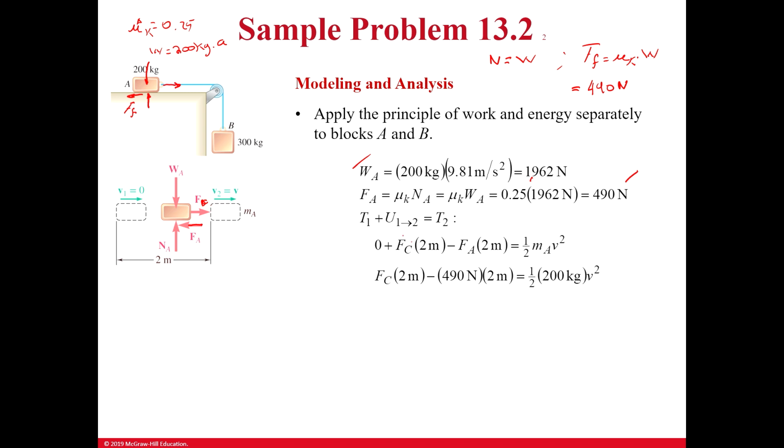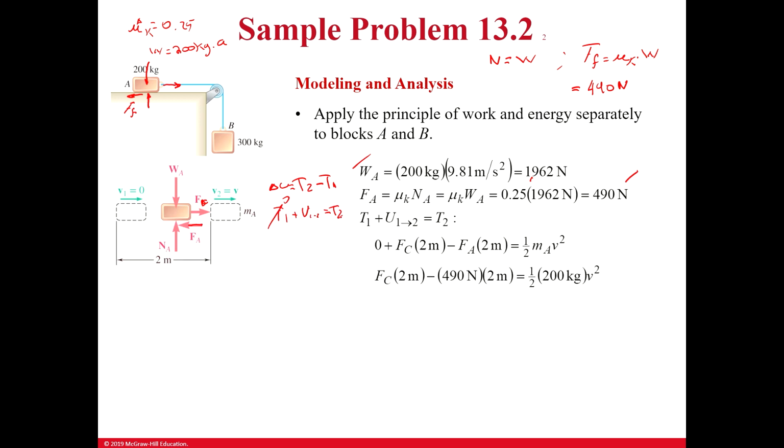So if we set the equations, we know that delta U is equal to the energy at 2 minus the energy at 1. They like to keep signs positive, so T1 plus the work U from 1 to 2, whichever you like best, is equal to the kinetic energy at point 2. Since the velocity at 1 is 0, it's very convenient: the kinetic energy at 1 is 0.